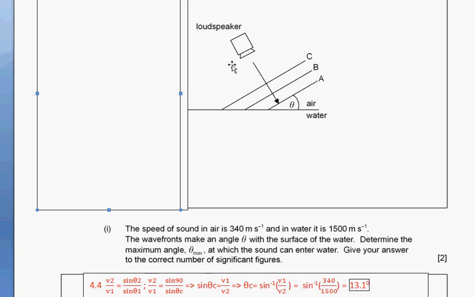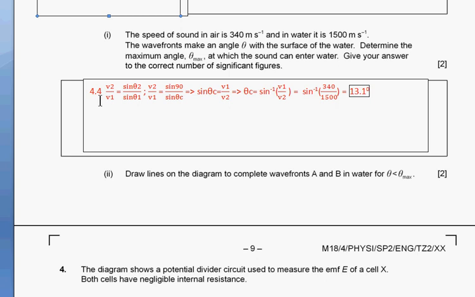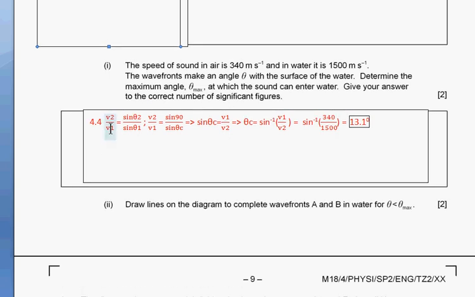When we go from air into water, the angle of refraction will be greater than the angle of incidence, and at some point it will be equal to 90 degrees. After that, no sound can enter the water. So we use formulas for section 4.4. So ratio of speed equals ratio of sine angles.